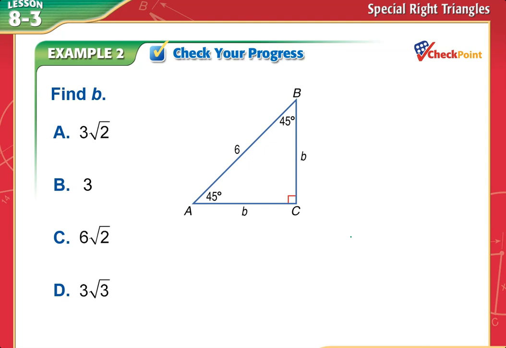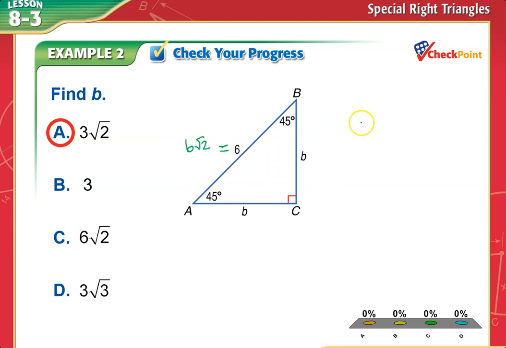All right, check your progress. We're finding the length b. We know we have a 6. Pause your video. All right, the answer is 3 root 2 because 6 is equal to b times root 2.